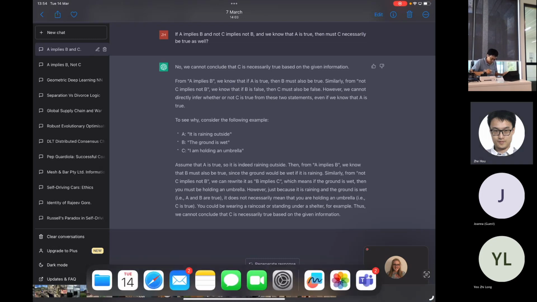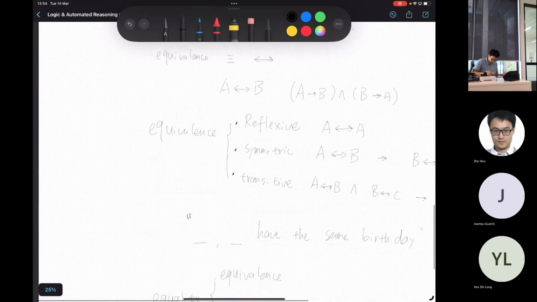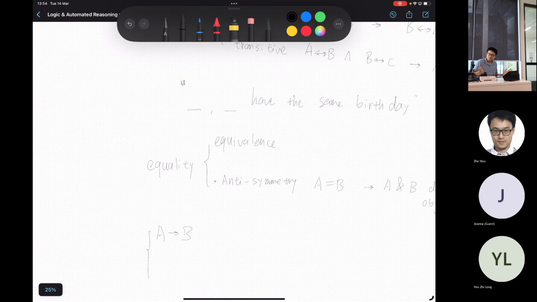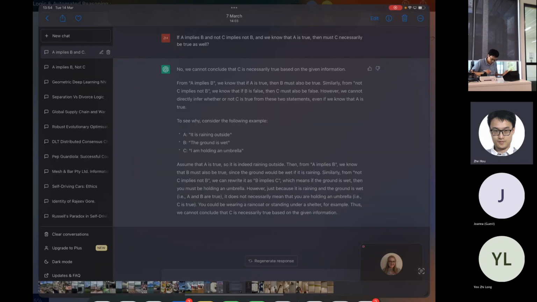So the question says A implies B. That's what we know. And what's the second thing we know?